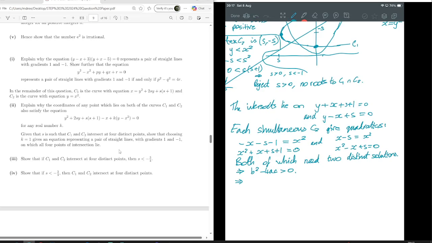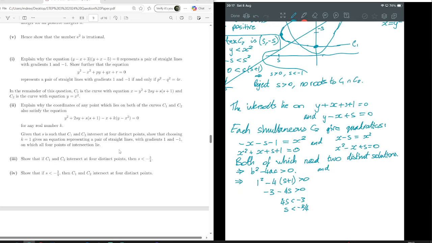So that's going to mean that for the first one, 1 squared minus 4 lots of (s plus 1) is greater than 0. So that's going to be minus 3 minus 4s is greater than 0, so 4s is less than minus 3, or s is less than negative 3/4.